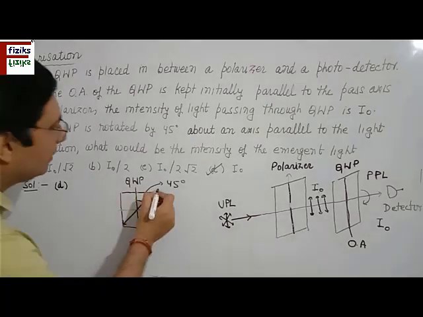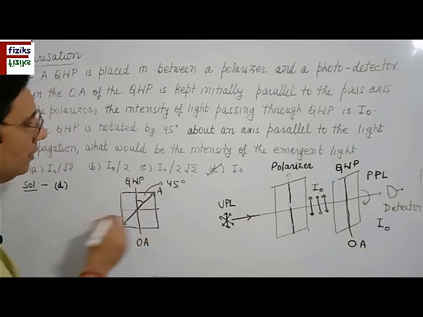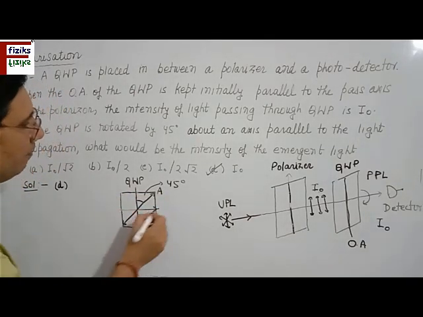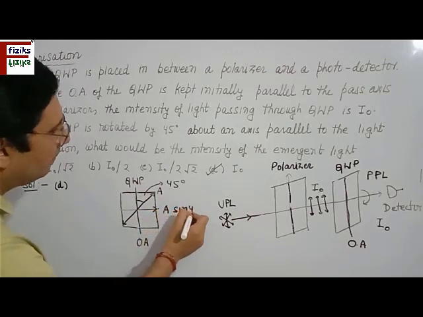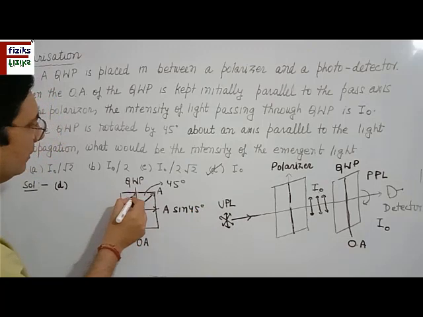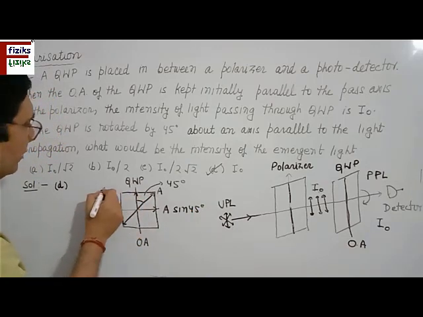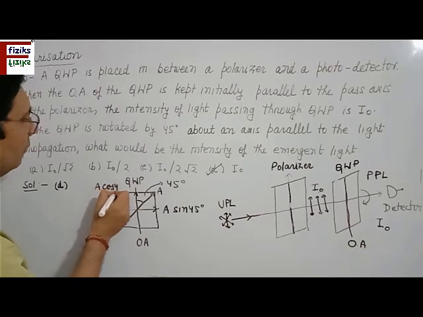Suppose the initial amplitude was A. Then in the perpendicular direction it will be A sin 45 degrees, and parallel to the optic axis it will be A cos 45 degrees.